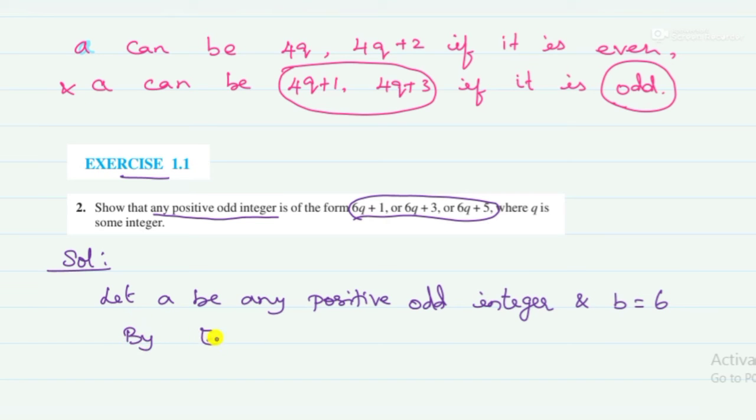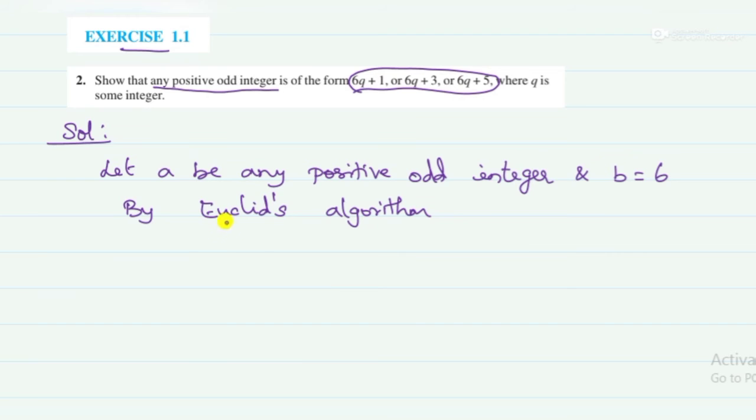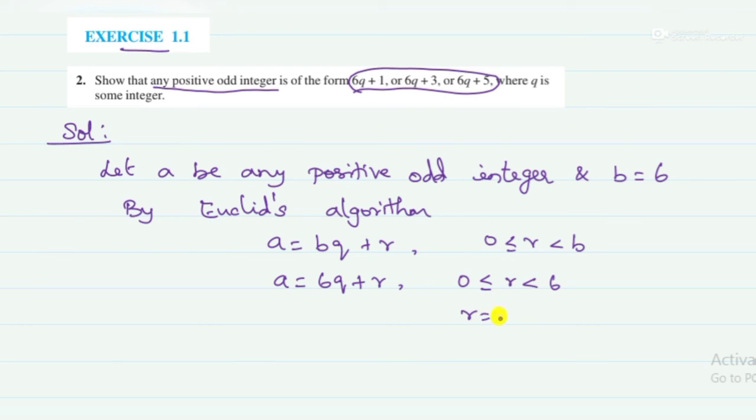By Euclid's algorithm, we can define this as a equal to bq plus r, where 0 is less than or equal to r less than b. Here b takes the value 6, so a equal to 6q plus r, where 0 is less than or equal to r less than 6. r takes the possibilities 0, 1, 2, 3, 4 and 5. Mark this as equation 1.